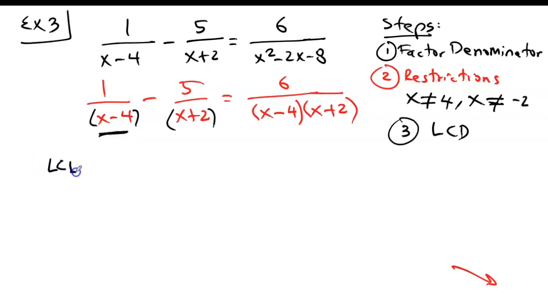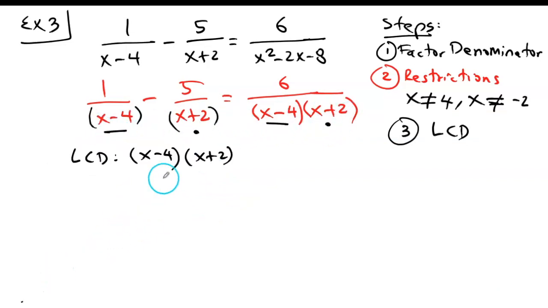This factor, x minus 4, is also here, but I only bring one of them. Got it. X plus 2, but x plus 2 is also here. Is there anything else on the denominators that I need? No. Therefore, that's my LCD: x minus 4 and x plus 2.